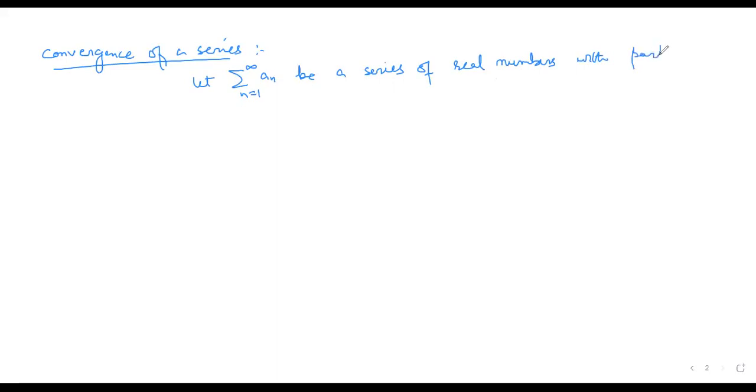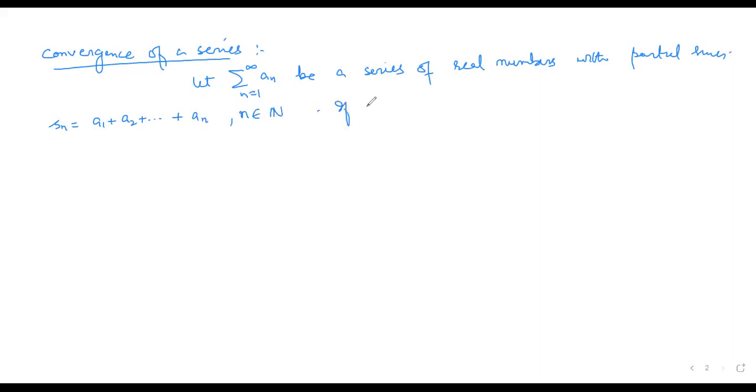With partial sums, जो कि हमने अभी कहा था, s sub n is equal to a1 plus a2 up to an. Of course, n is any natural number.